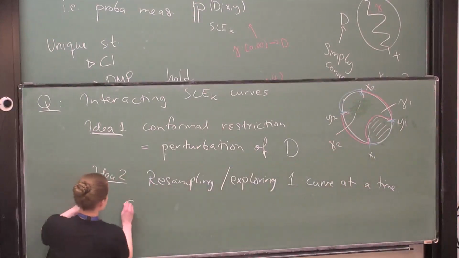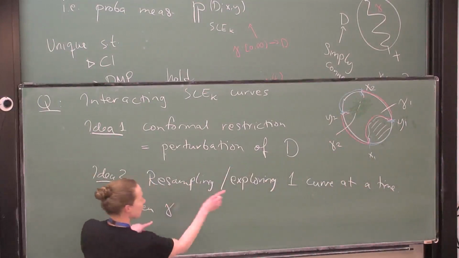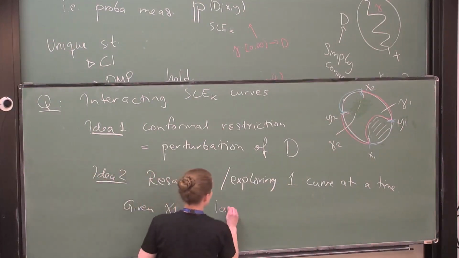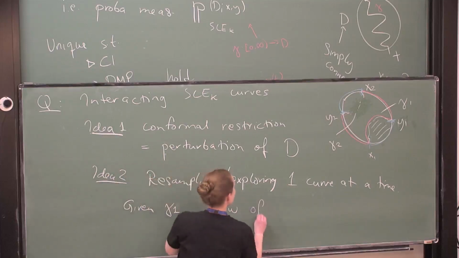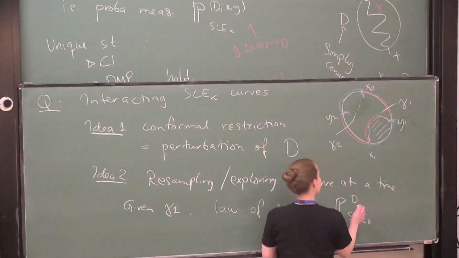So this says that given gamma 1, because that's how I started, the law, the distribution of gamma 2 is the law, this one is the kappa, in what? Well, D twiddle, which is the connected component.